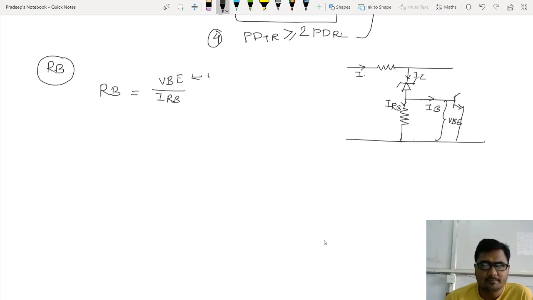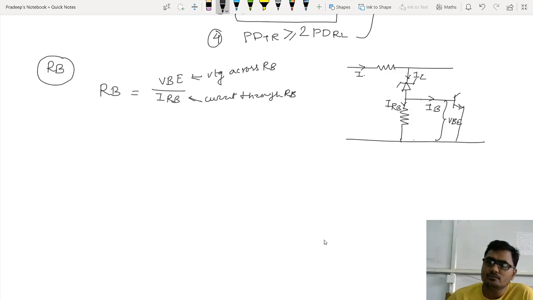What is this VBE? It is the voltage across RB. Now the voltage across RB is VBE, and this is the current through RB. So the voltage across RB and the current through RB, that's what it is. But the voltage across RB, yes, it is possible to calculate. It is 0.7. VBE is 0.7 always if I am using a silicon transistor.